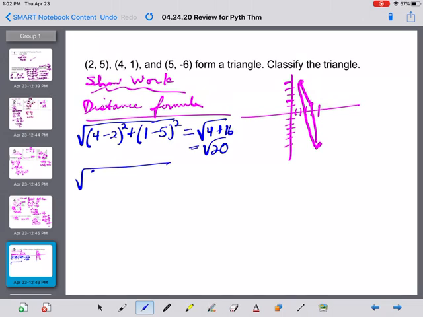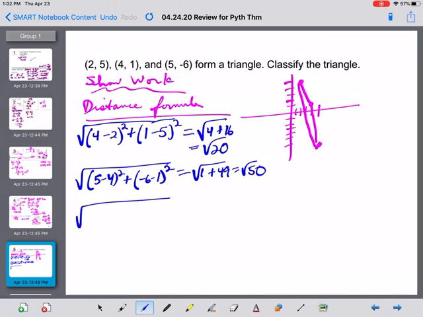Now let's do the next one. Okay, 1 squared, that's 1. 49, that's square root of 50. You could simplify the radicals, but I'll just leave them because it's not necessary for this problem since we're just classifying.